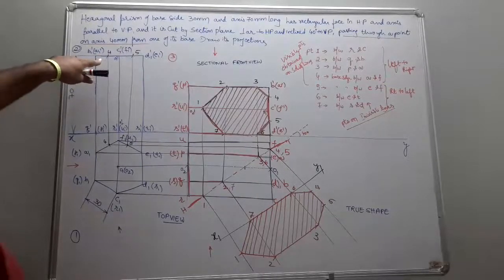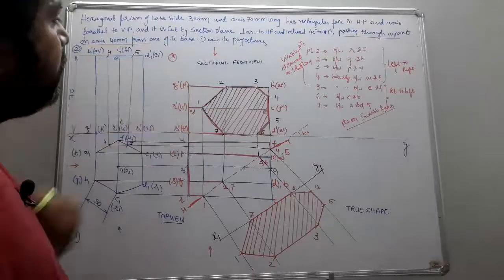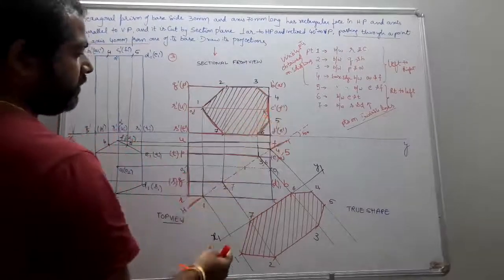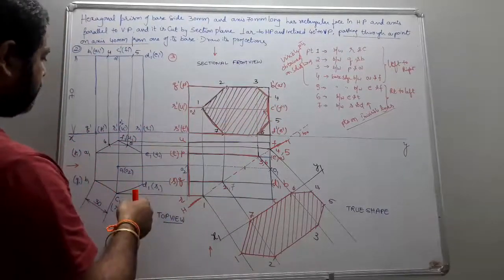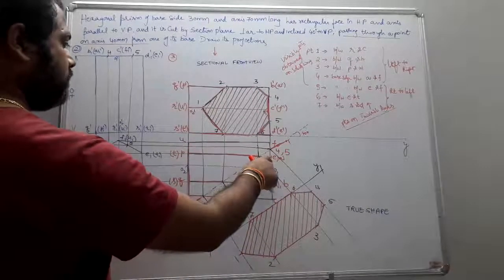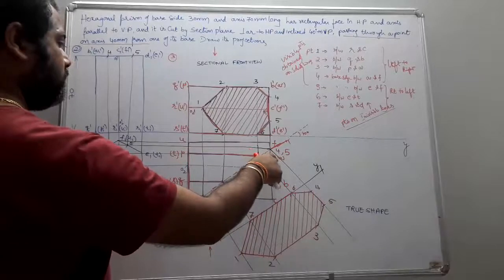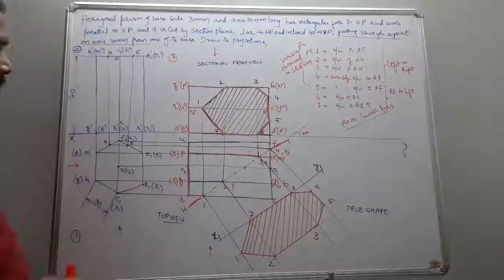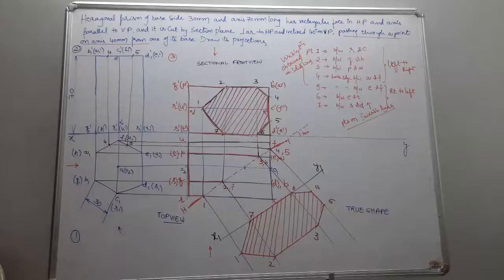4 point is in between AF. So 4 and here it is 5. It's okay. Students, can you tell me where it is misplaced? 4 and 5? Yes, in true shape, right?